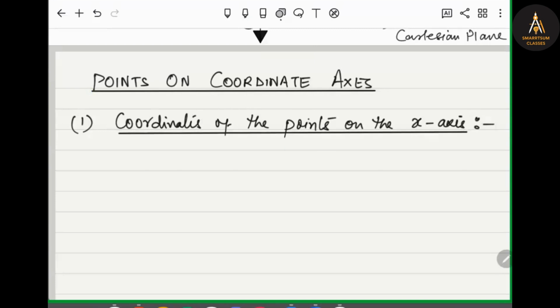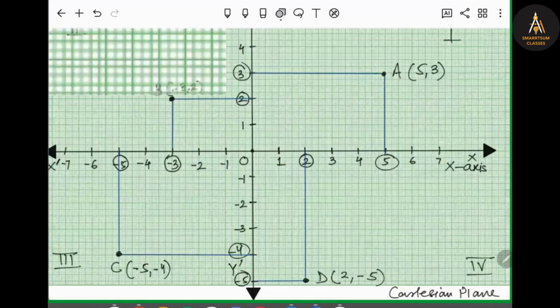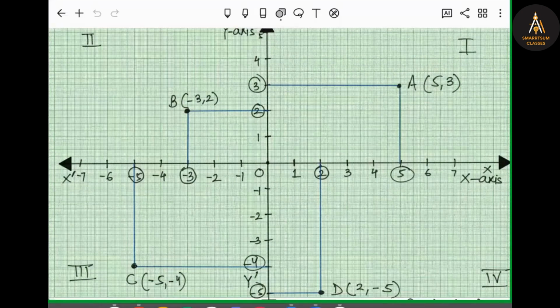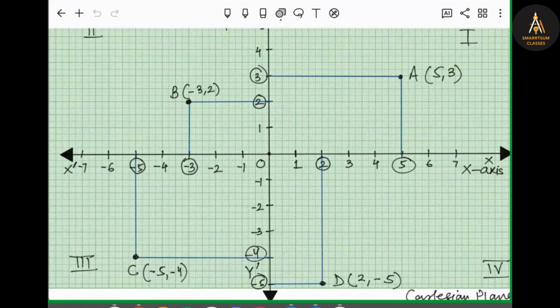Now, what is the meaning of points on coordinate axis? Now look at this Cartesian plane, right? So these coordinate axes divide the plane into four quadrants, right? But it is possible that some of the points lie on the axis. On the y-axis a point can lie, or exactly on the x-axis, the point can lie, right?